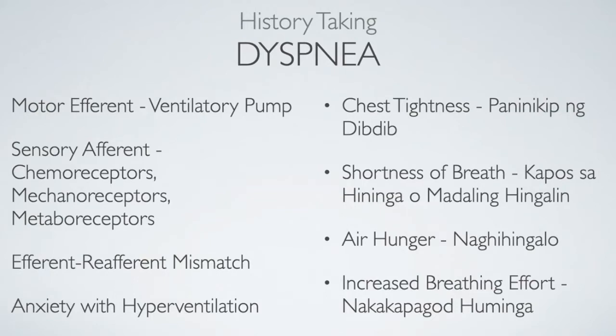So, how do you solve anxiety and hyperventilation in relation to dyspnea? You find a way to increase carbon dioxide. You need to trigger a form of acidosis, of metabolic acidosis. And how do you do that? You have the patient breathe into a paper bag, a rebreather bag.